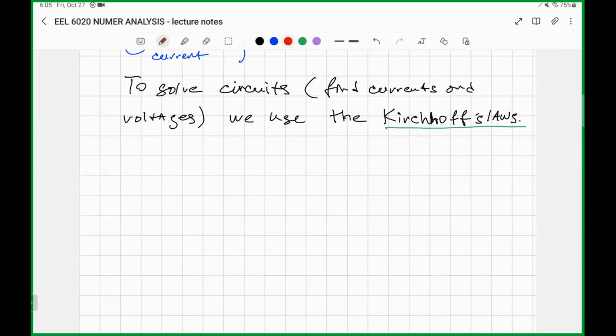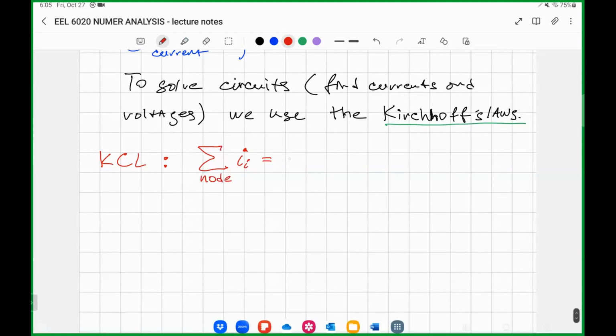One is known as Kirchhoff's current law, and it is basically a statement that the algebraic sum of all currents in any node in the circuit is equal to 0. So I take the sum of all currents in a particular node, and it is equal to 0.